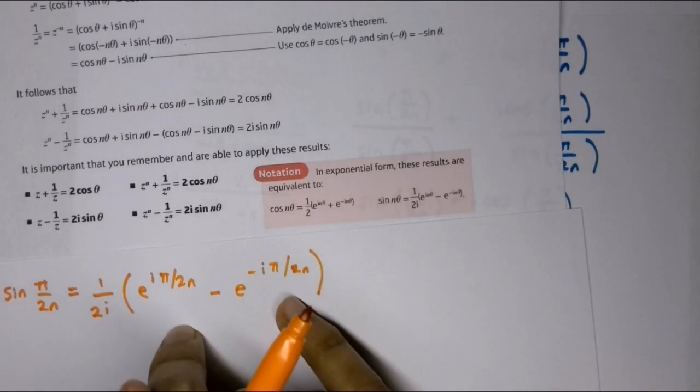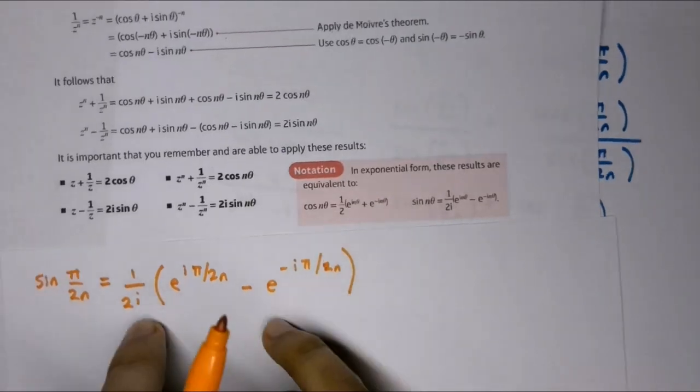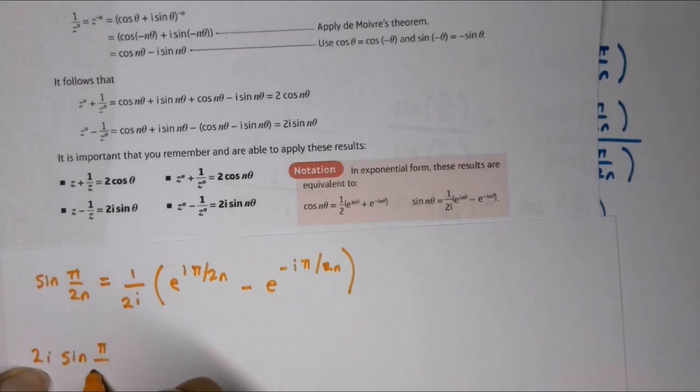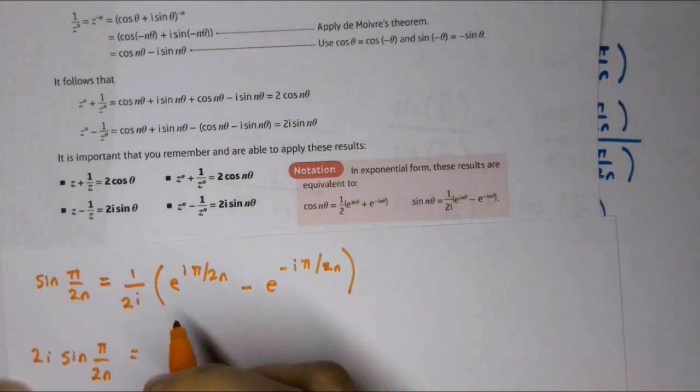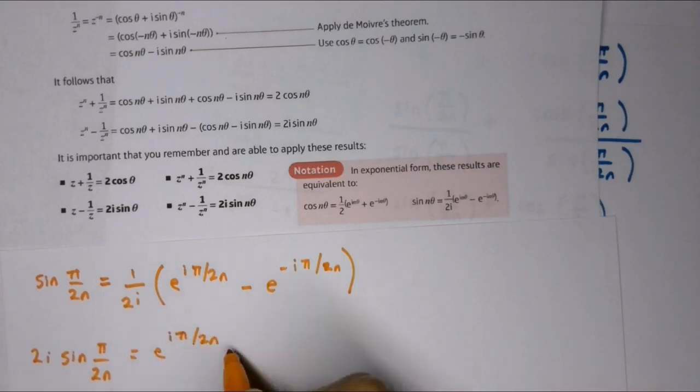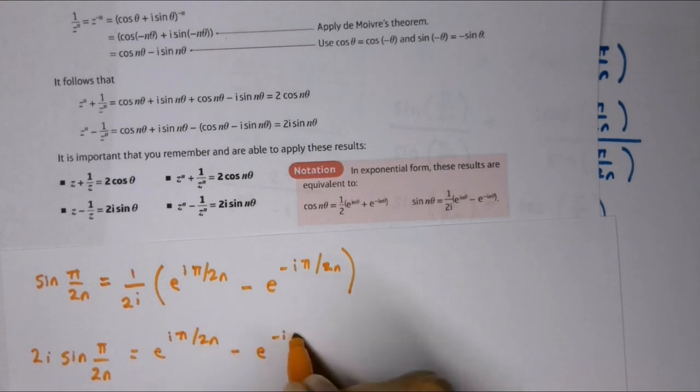Now, why is this useful? Because if we multiply through by 2i, you can see here 2i sine of pi over 2n is equal to e to the i pi over 2n minus e to the minus i pi over 2n.